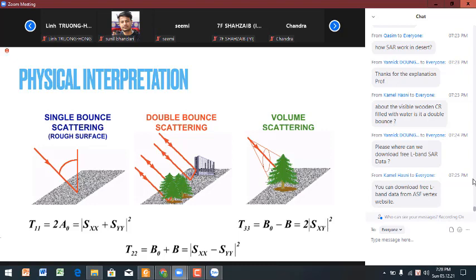If that happens very often, a horizontal signal can turn into a vertical signal. Horizontal polarization can be changed into a vertical polarization. Right? And so that happens more commonly in volume scattering, and so that is an indication that you have volume scattering. Right? It can also happen for other reasons. Nothing is perfect, but it's one way.